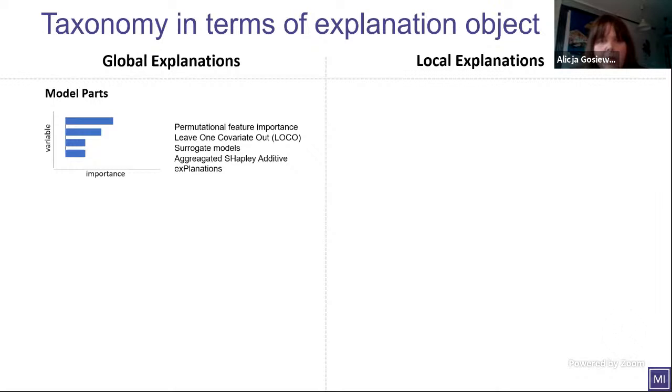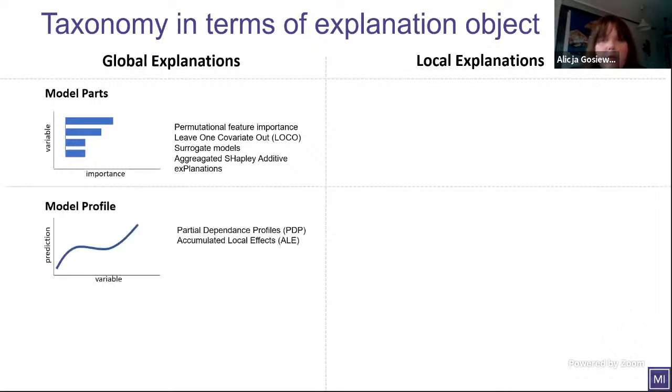But we might also be interested in other aspects of a model, for example, profiles. It is a model profile type of explanations. It aims at presenting how a variable affects the model response. So if we change the variable, how the mean response of the model would change. And here examples are partial dependence profiles and also accumulated local effects.